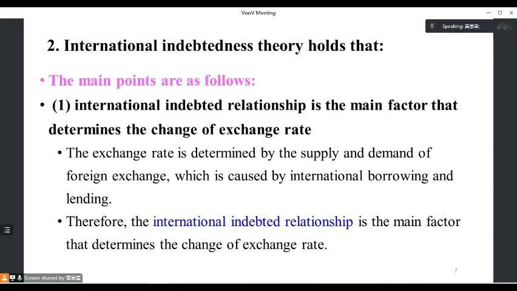International indebtedness theory holds that the main points are as follows. First, international indebted relationship is the main factor that determines the change of exchange rate.